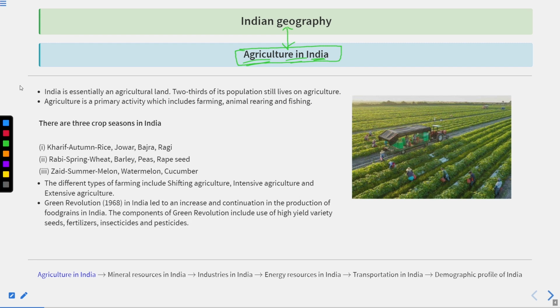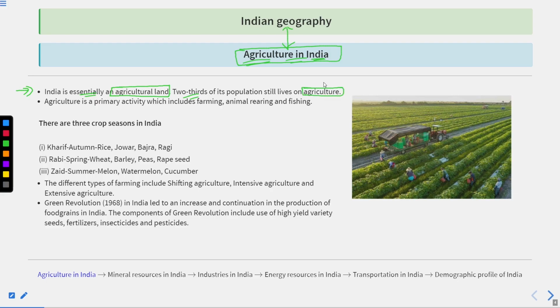So if we talk about this, we can say India is essentially an agricultural land. Why? Because two-thirds of the Indian population still lives on agriculture.